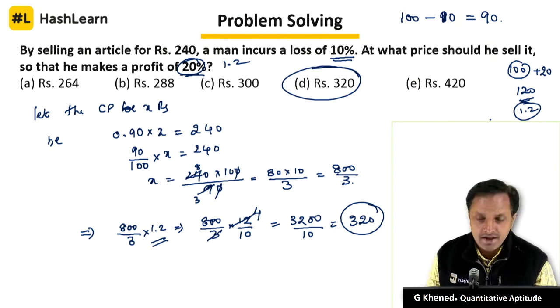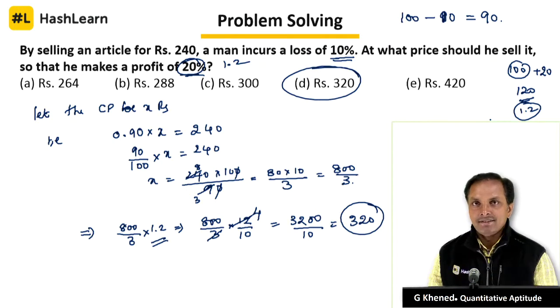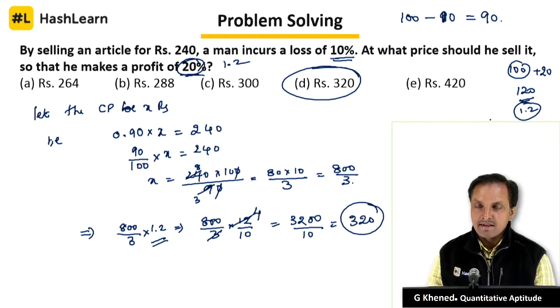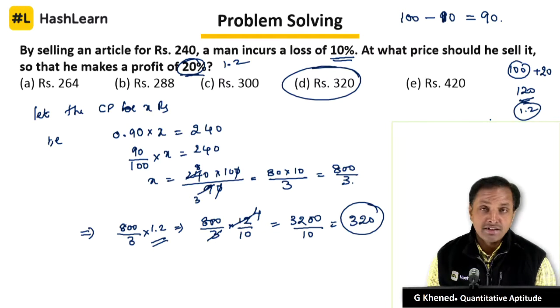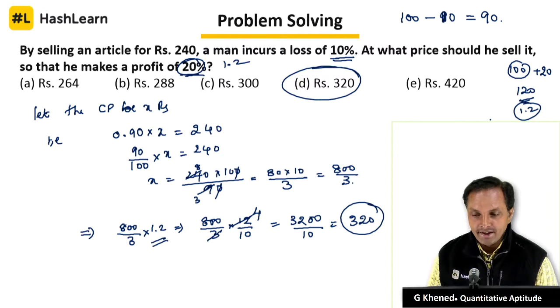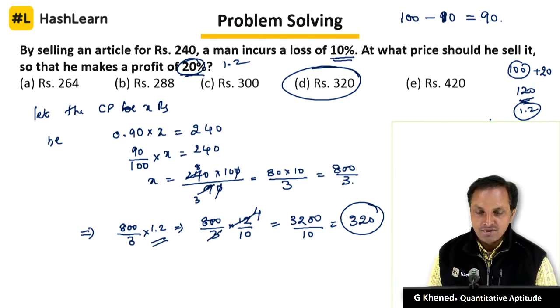If it is 30% extra, you can multiply it by 1.3. If it is 10% less, 100 minus 10 is 90, you can multiply it with 0.9. Suppose there is a 30% loss, 100 minus 30 is 70, so you can multiply it with 0.7. So you got my point?